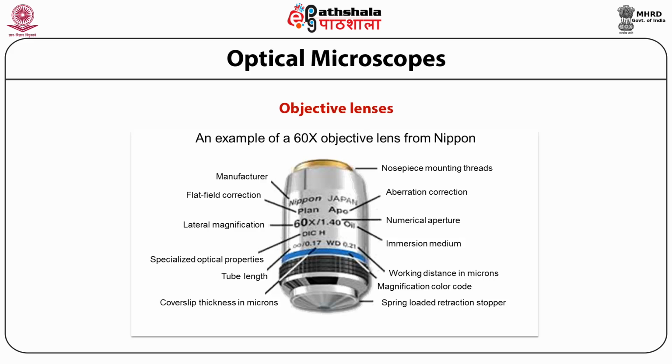Then you have WD, which is basically telling you the working distance, the workable distance between the object and the microscope objective in microns. And then at the tip you have the lens, the final lens of the objective, which is closest to the object.